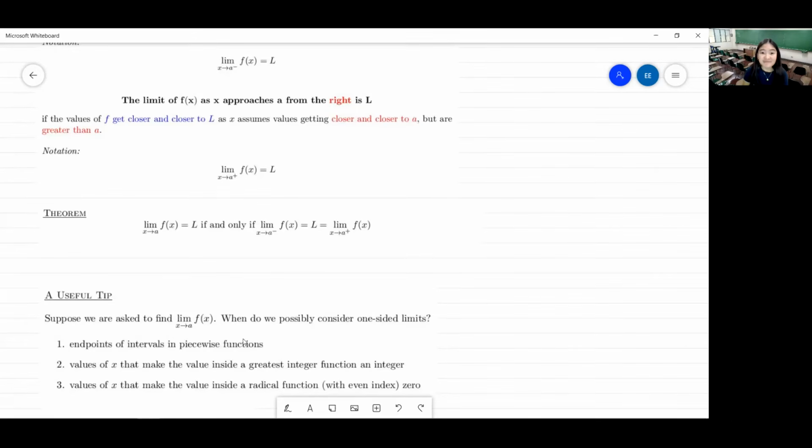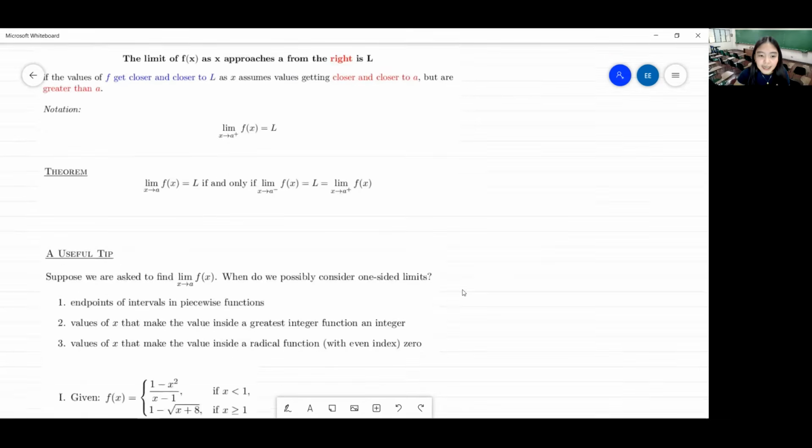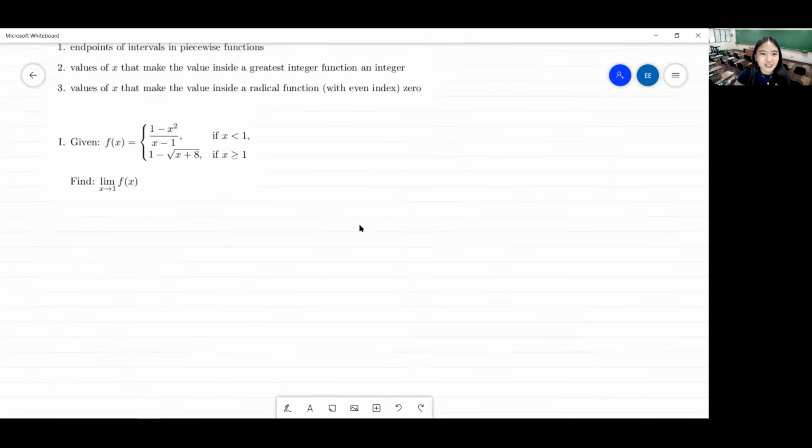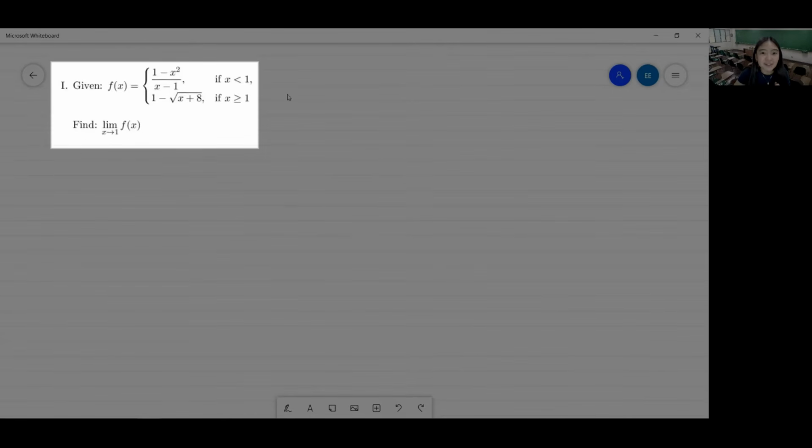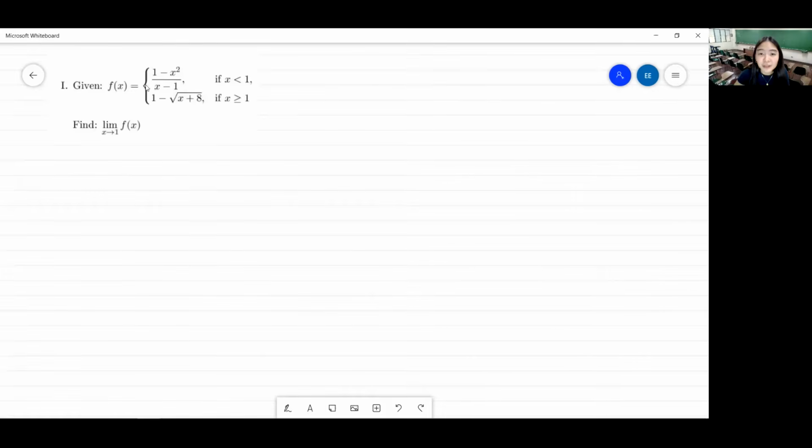For the first type of function, I will illustrate the other two later. Let us do an example related to piecewise functions. This is an example of a piecewise function; its definition changes for different values of x. Here, what you are asked to find is the limit as x approaches 1 of f of x. There are no sides involved here.